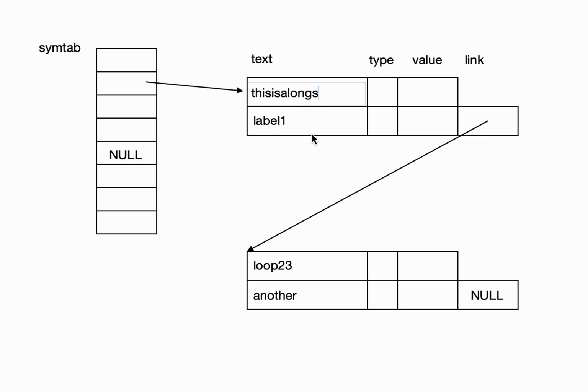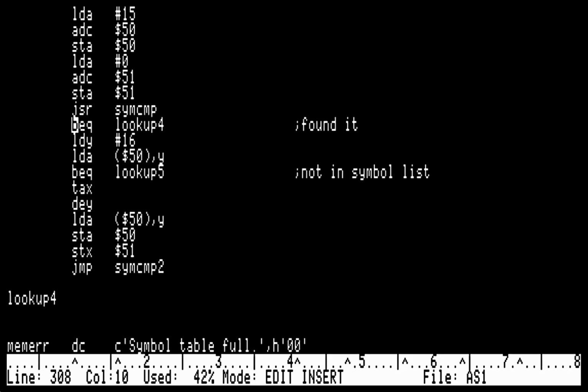That's exactly what we want because that means we can return the value of that 0 page pointer as our token value, because we're going to return the token which says this is a name, a symbol. And as the token value, we will return a pointer to this symbol or to this symbol. And that's what our 0 page pointer points at exactly. So that's very nice. That's exactly what we want.